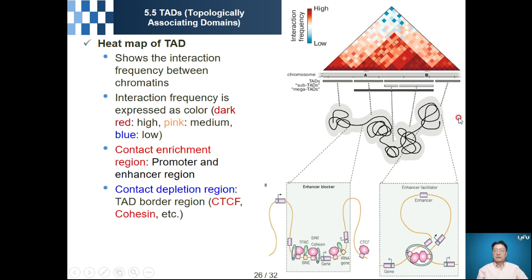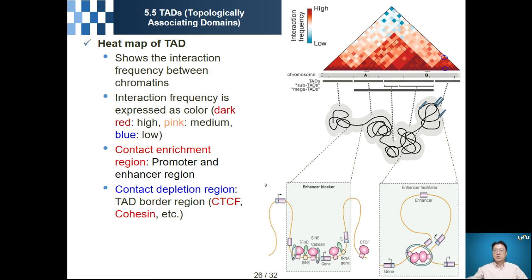Between this region and this region, the interaction actively happens, so we designated the dark red color. How about this region and this region? These two regions are located within this compartment, and interaction will also happen like this.